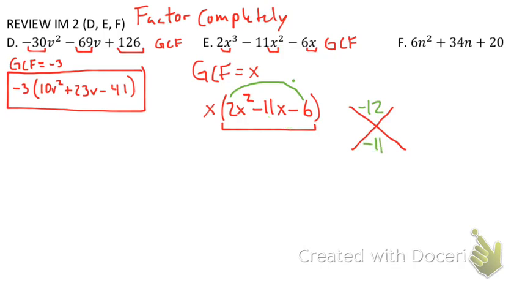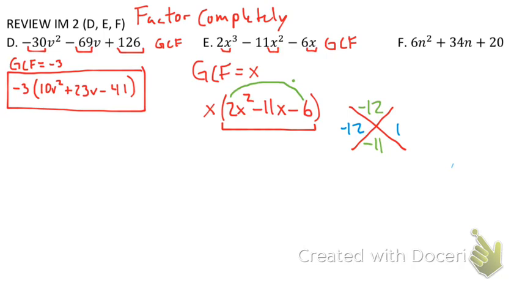And our goal is to figure out what multiplies to negative 12 but adds up to negative 11. Again, this is a diamond method from IM1 and IM2. So the factors that multiply to negative 12 and add up to negative 11 are negative 12 and positive 1.